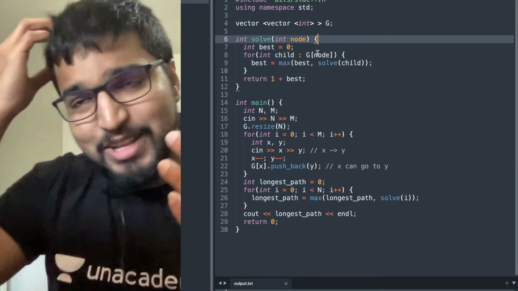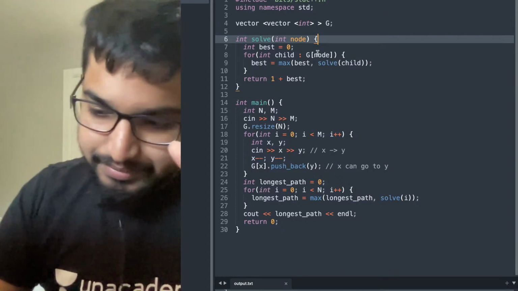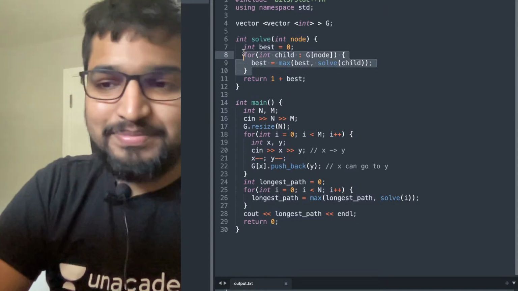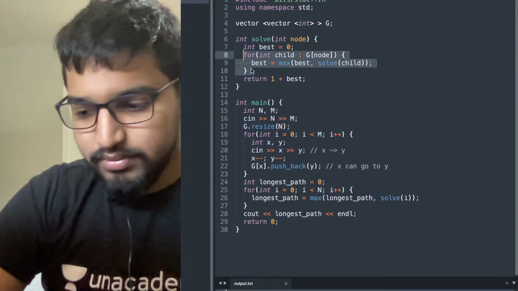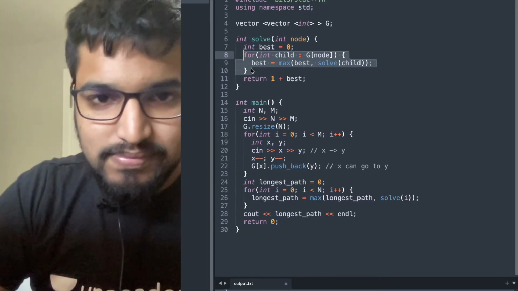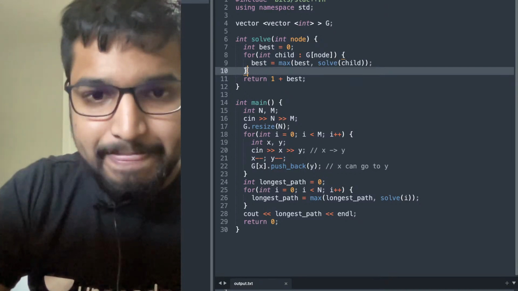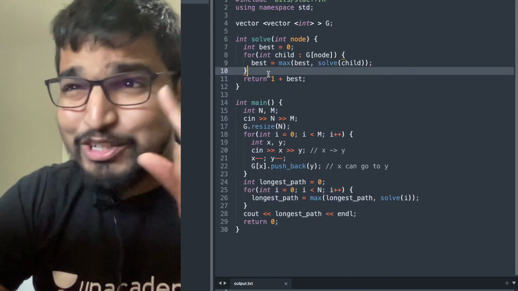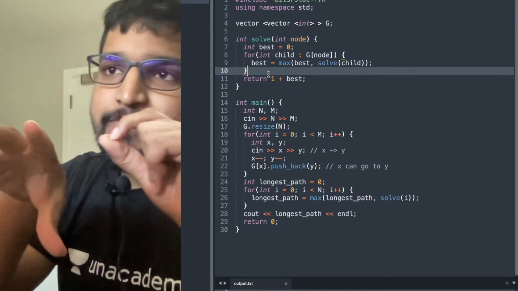Note that if a graph has no cycles, this will exit on its own, right? Why? Because if a graph has no cycles, there's going to be at least one node which doesn't have any outgoing edge.